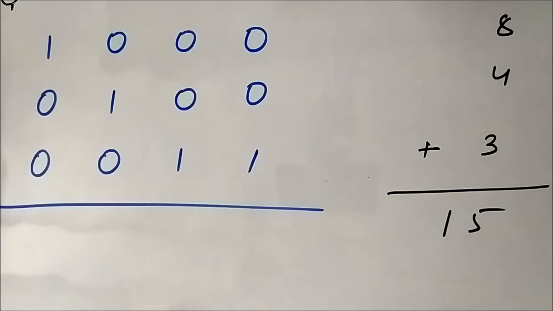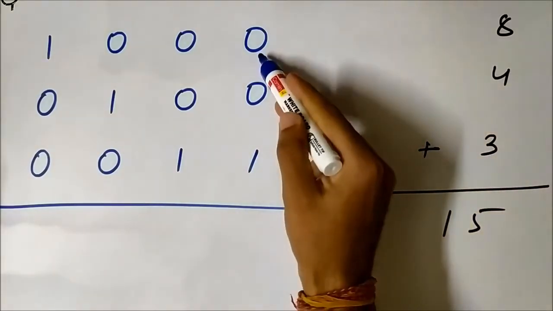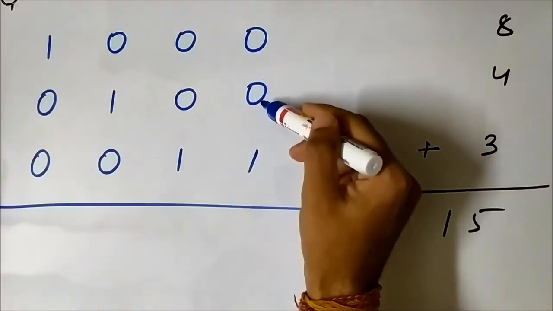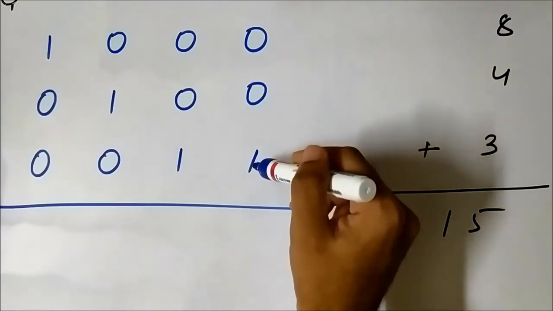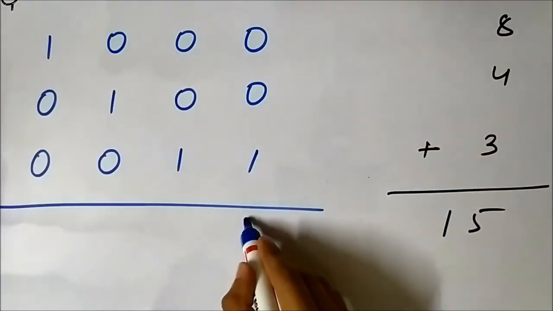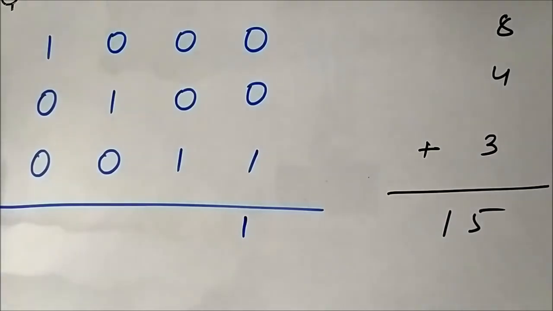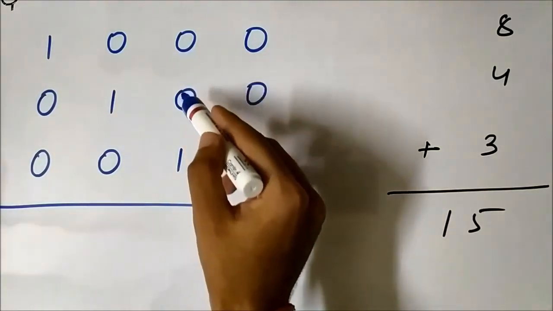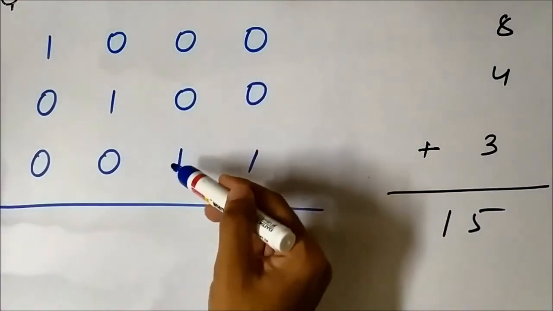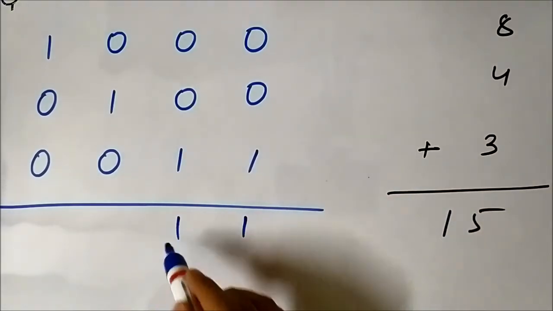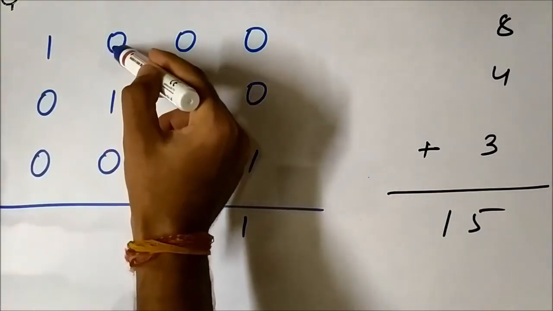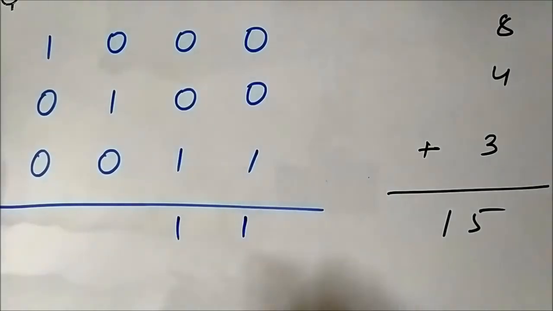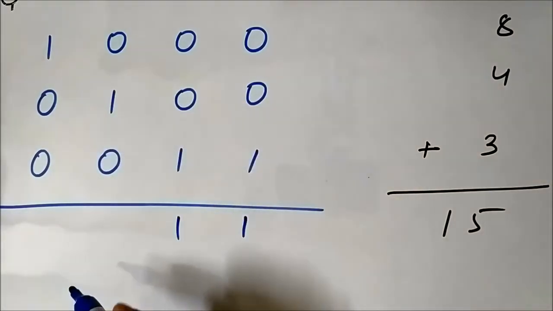Okay, so here 0 plus 0 is 0, that 0 getting added with 1 bit is 1, 0 plus 1 is 1. Okay, again here 0 plus 0 is 0, 0 plus 1 is 1. Here 0 plus 1 is 1 and 1 plus 0 is 1.